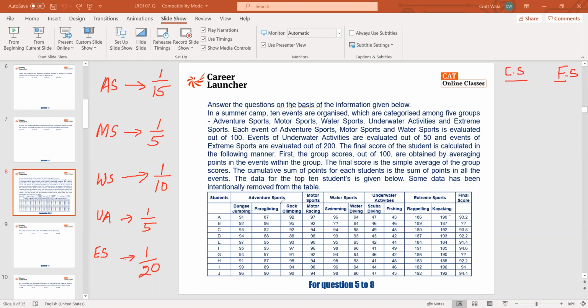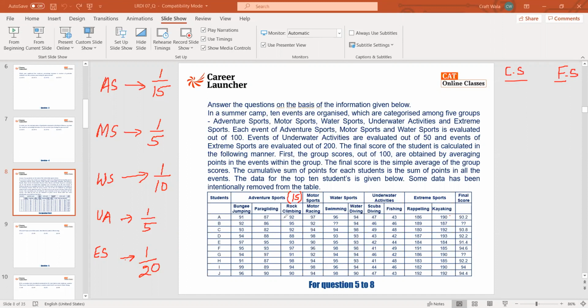That means if somebody gives me 15 points in adventure sports all together, say I want to improve A's score. A's final score right now is 93.2. If I want to make it 94.2, what should I be doing? I should be giving him more points.